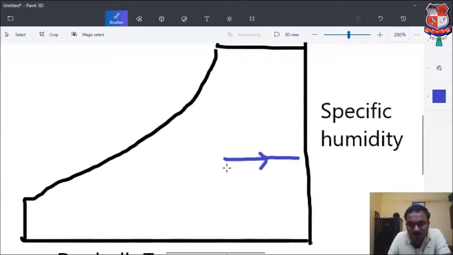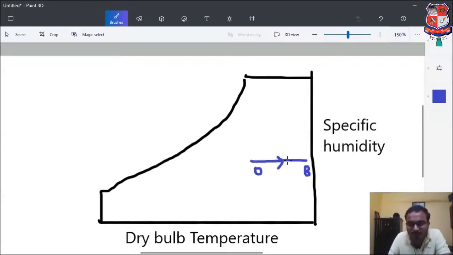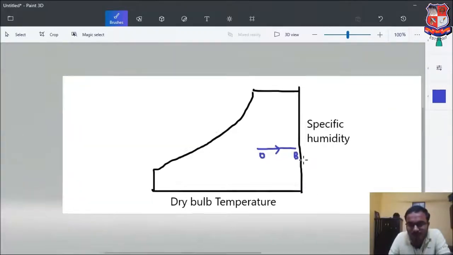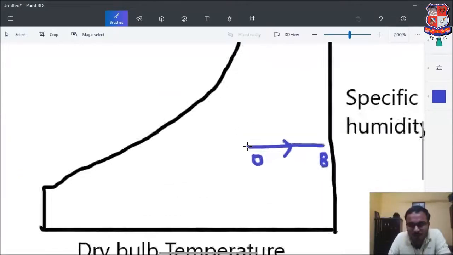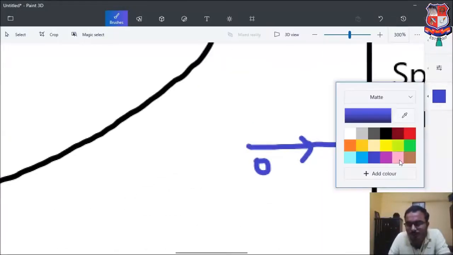That is from point O till point B. So as you can see here, specific humidity is remaining constant and temperature is getting increased. So this will be sensible heating. Similarly, we can also draw sensible cooling.